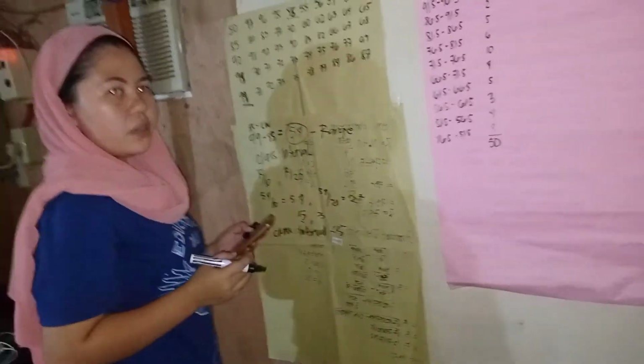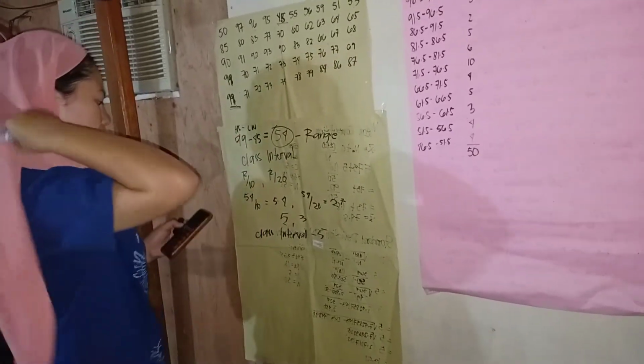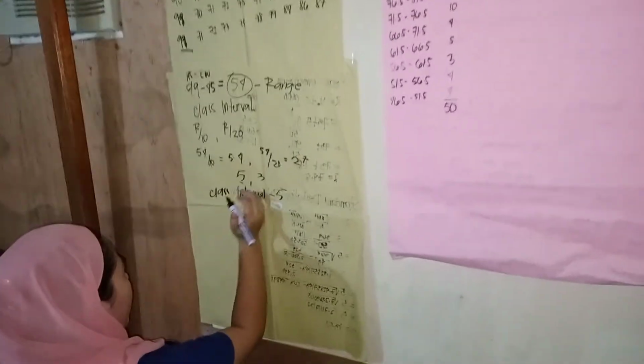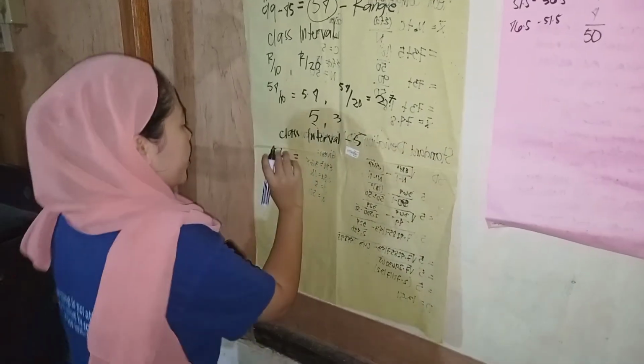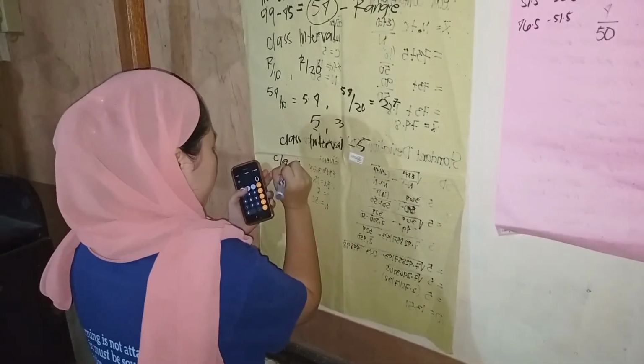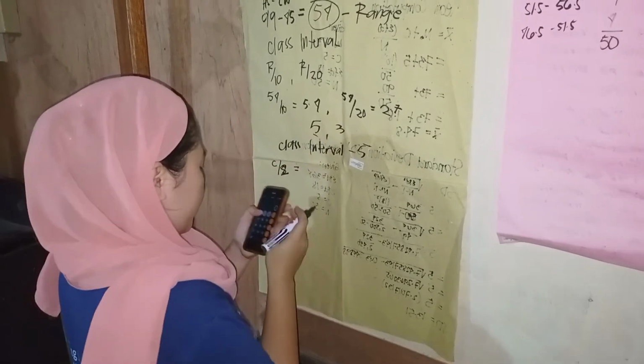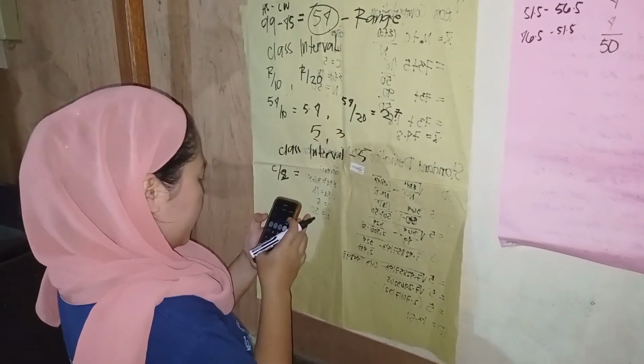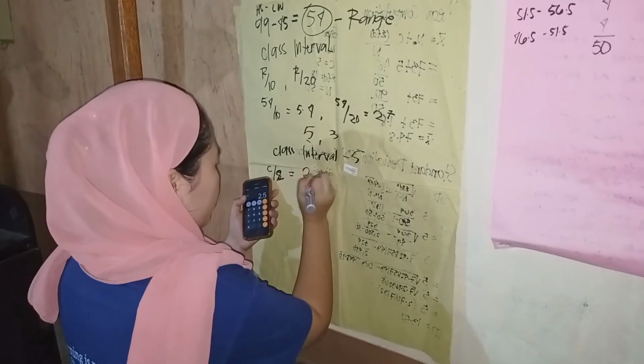Next, we need to get the class limit. Class interval divided by 2 equals 5 divided by 2 equals 2.5.